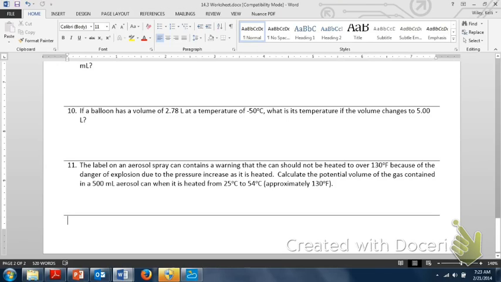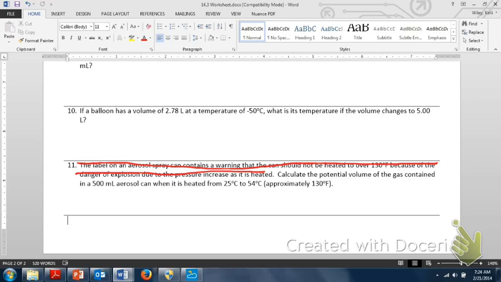A label on an aerosol can contains a warning that the can should not be heated over 140 because of the danger of explosion due to the pressure. Now, this first sentence here is just extra information, so you don't even need that. The second sentence gives you all your information.